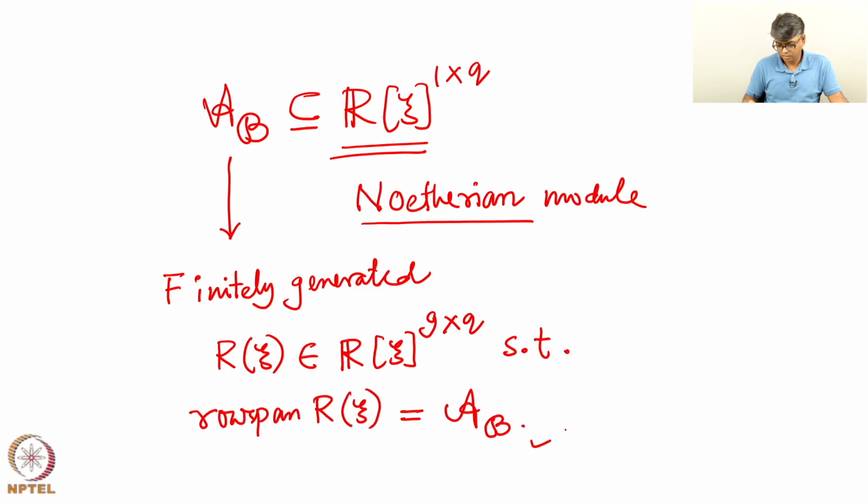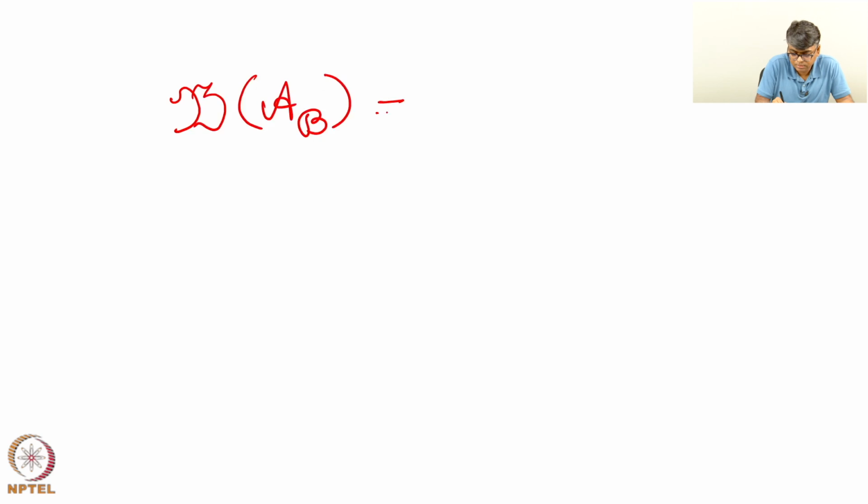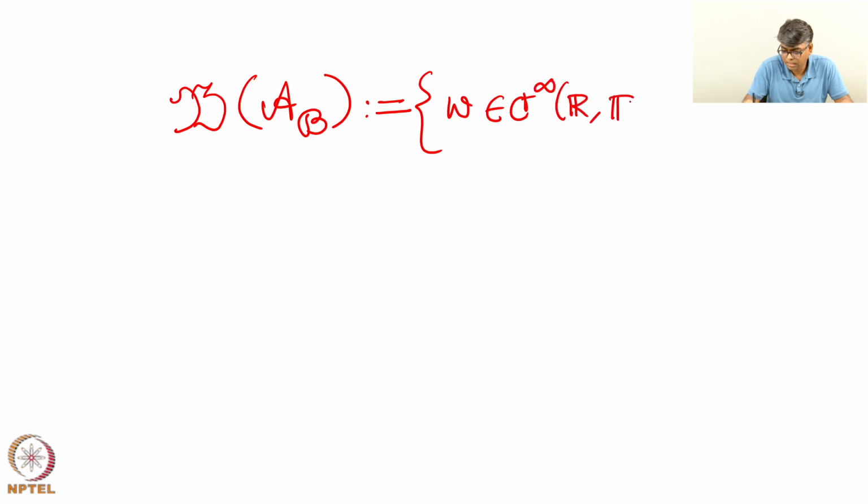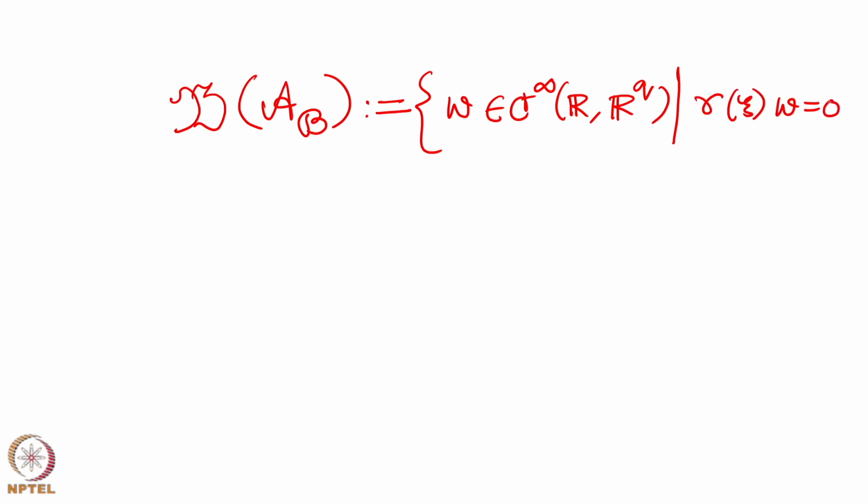Okay. So if that is so, what is the behavior that is associated with this module? The behavior associated with this module, denoted by B of the annihilator, what is this? This is by definition the collection of all C infinity functions W such that r xi W equals 0 for all r xi in the annihilator set.